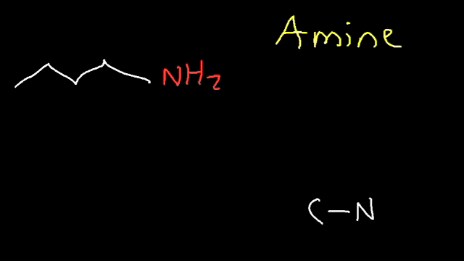For an alcohol, you would look at the carbon that's attached to the OH, and you would ask yourself how many carbon atoms are attached to that carbon atom. Well, for amines, you need to find out how many carbon atoms are directly attached to the nitrogen atom. So there's only one carbon atom attached to the nitrogen atom, and so therefore we have a primary amine. Now, how would you name it? So there's 4 carbons, so instead of saying butane, it is butylamine.